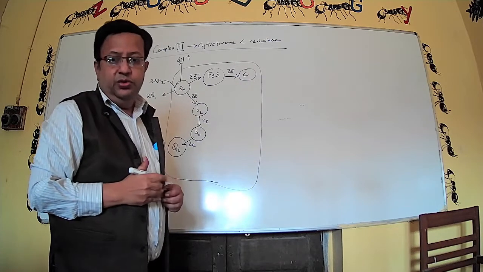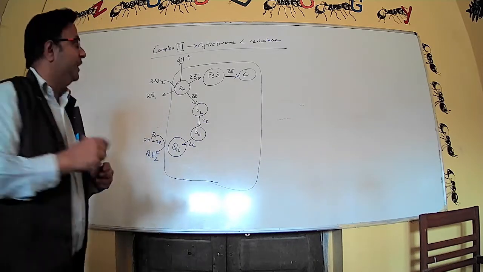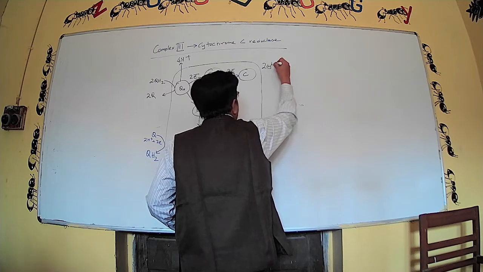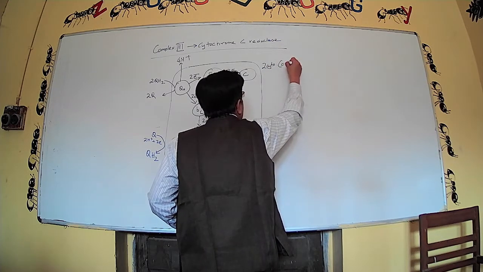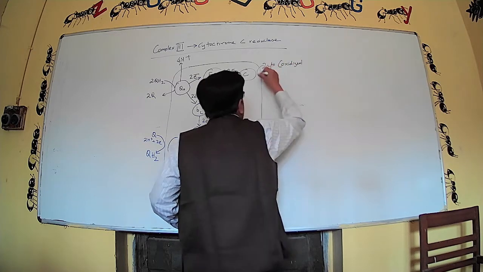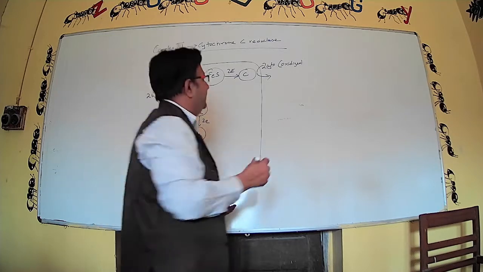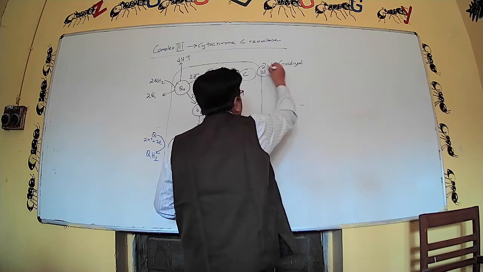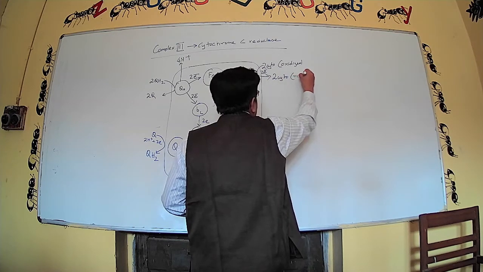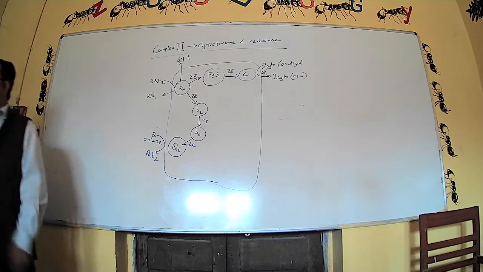What it will do, it will convert two molecules of cytochrome in the oxidized form, taking two electrons, gain of electrons, and form two cytochrome reduced. This is the function. Reduced cytochrome is formed.